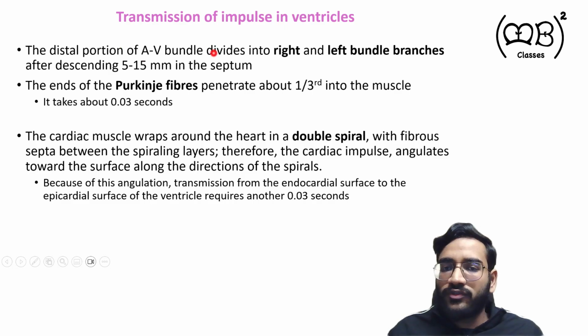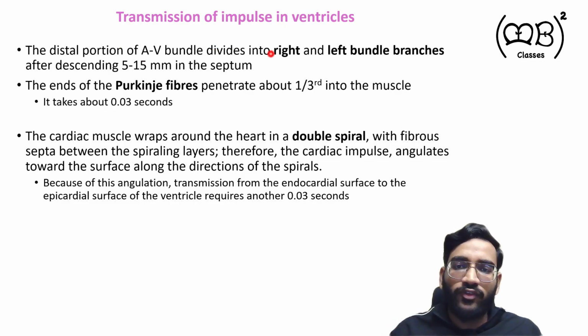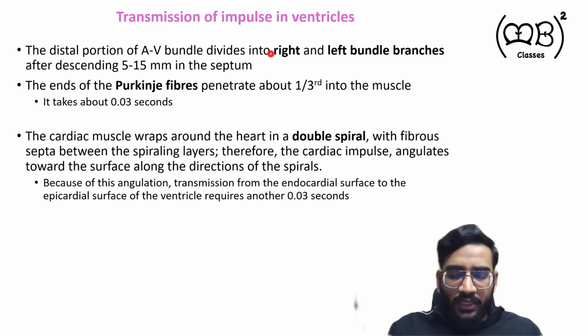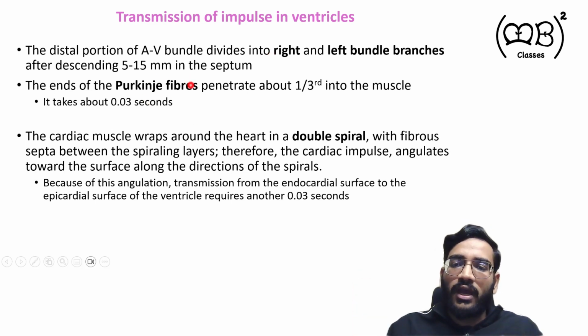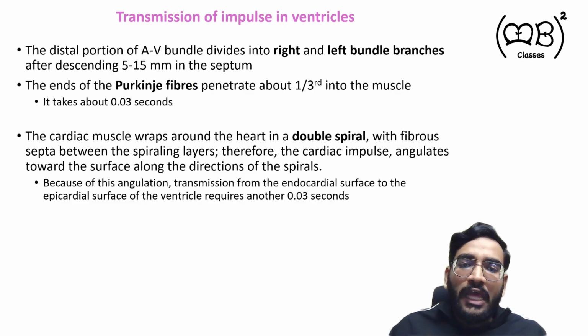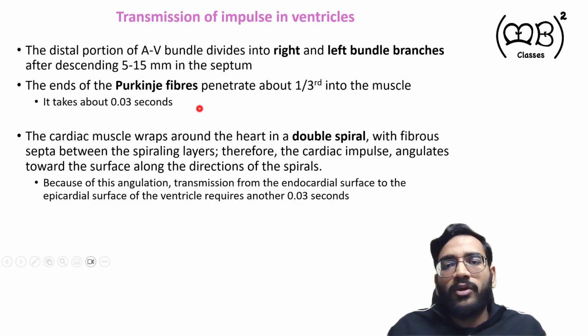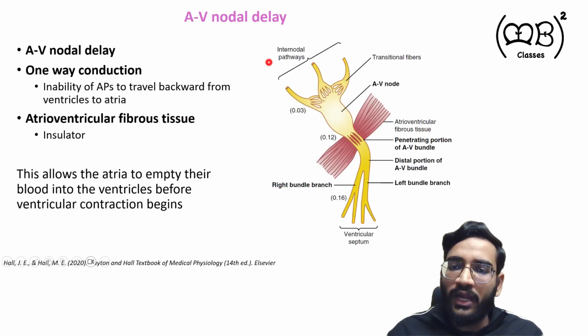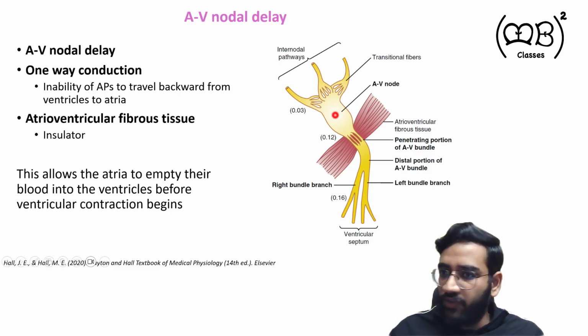The distal portion of the AV bundle divides into the right and left bundle branches after about 5 to 15 millimeters, descending into the septum. And the ends of the Purkinje fibers will penetrate about one third into the ventricular musculature. All of this only takes about 0.03 seconds. See, 0.03 seconds was the time required for the impulse from the SA node to reach the AV node.